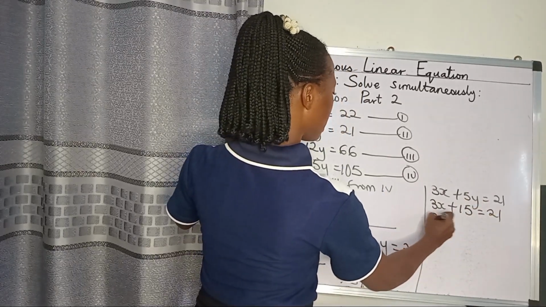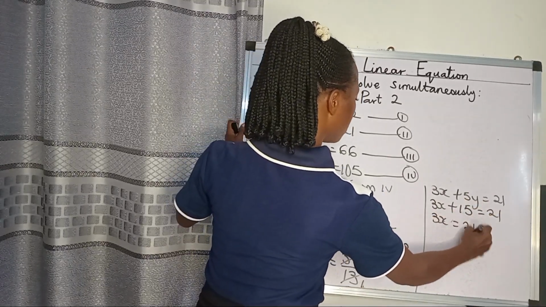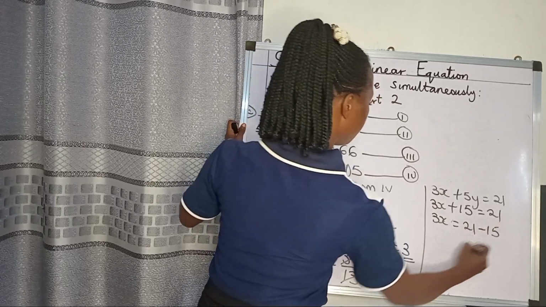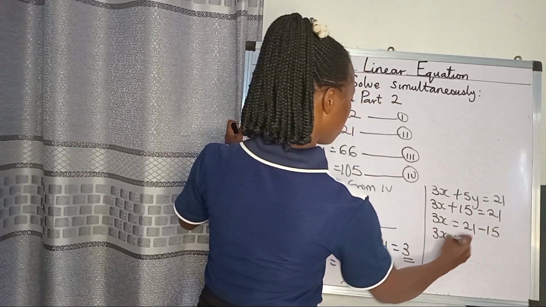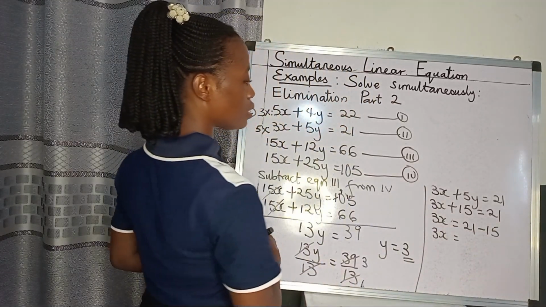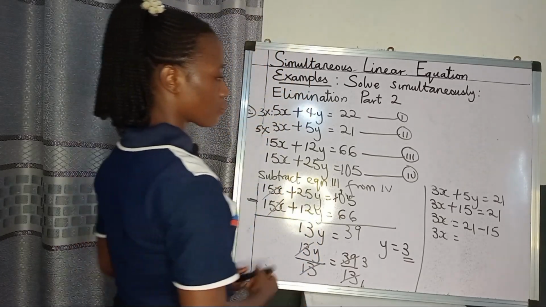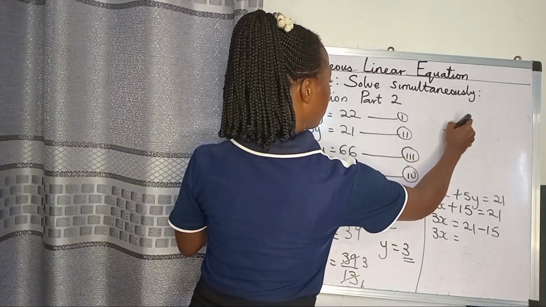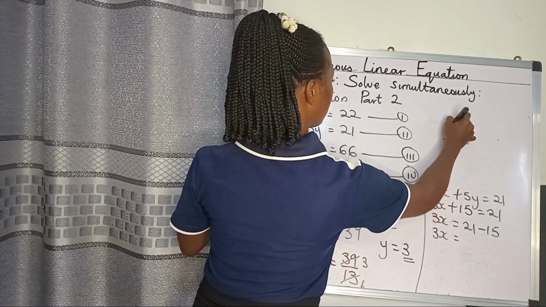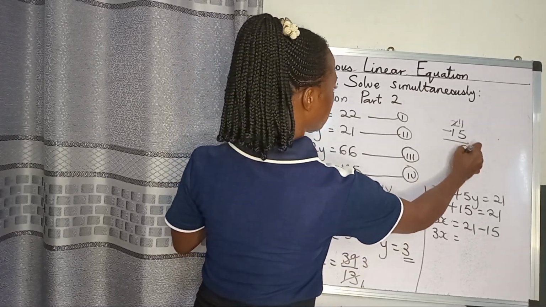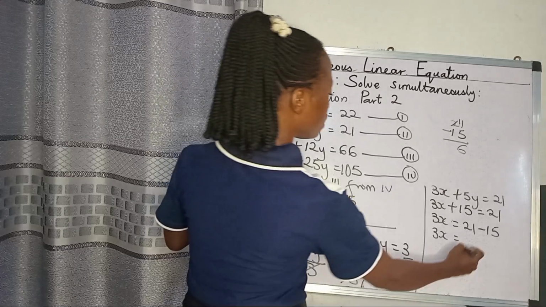Collecting like terms, we have that 3x is equal to 21 minus 15. 21 minus 15 is 6.